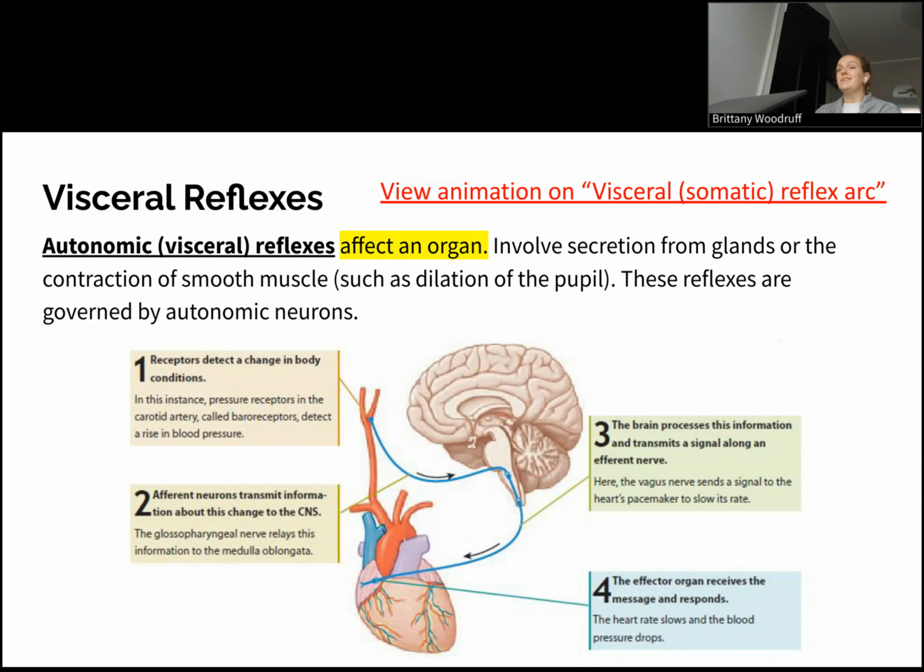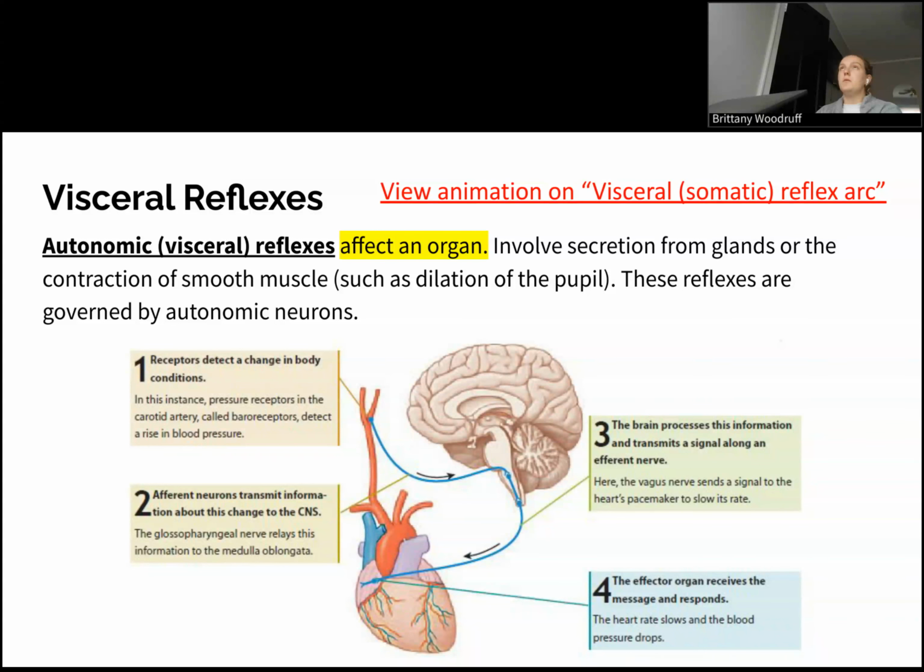If they sense a sudden change in blood pressure, they're going to send that signal to your brainstem, and that brainstem is going to immediately send it down to a motor neuron, which is going to tell your heart you need to contract faster. Okay, because if your blood pressure drops, your heart is going to try and contract faster to push more blood into those arteries. Okay. And vice versa.